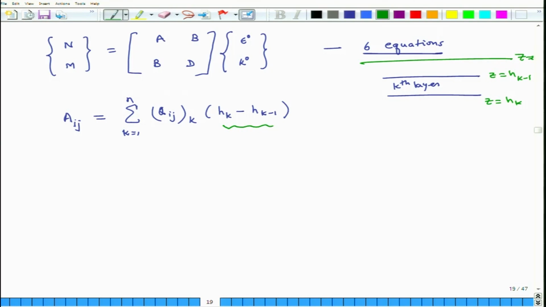So, this difference is nothing but the thickness of the kth layer, and the thickness of the kth layer is always a positive number. So, I can also write this as the sum from 1 to n of Qij bar for the kth layer times Tk, where Tk is the thickness of the kth layer.